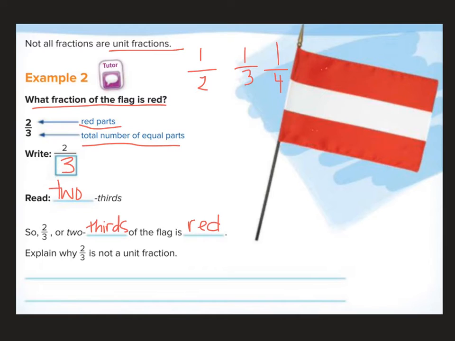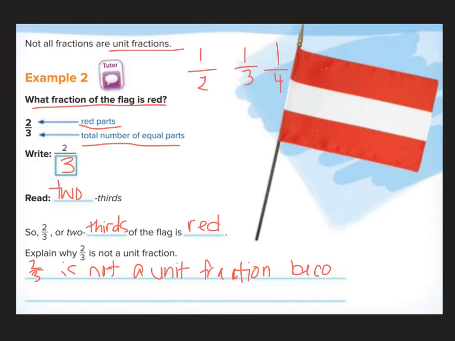Explain why 2/3 is not a unit fraction. Here's where you get to impress me with your new vocabulary words.